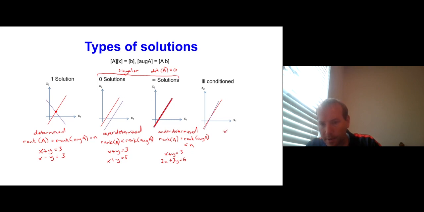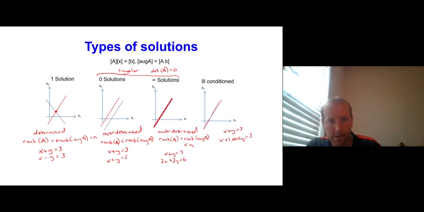We'll talk about that a little more, but the basic idea is that if this is x plus y equals 3 and x plus 1.001y equals 3, just a small amount of error could lead to a big change in the solution. So these are 4 different categories.